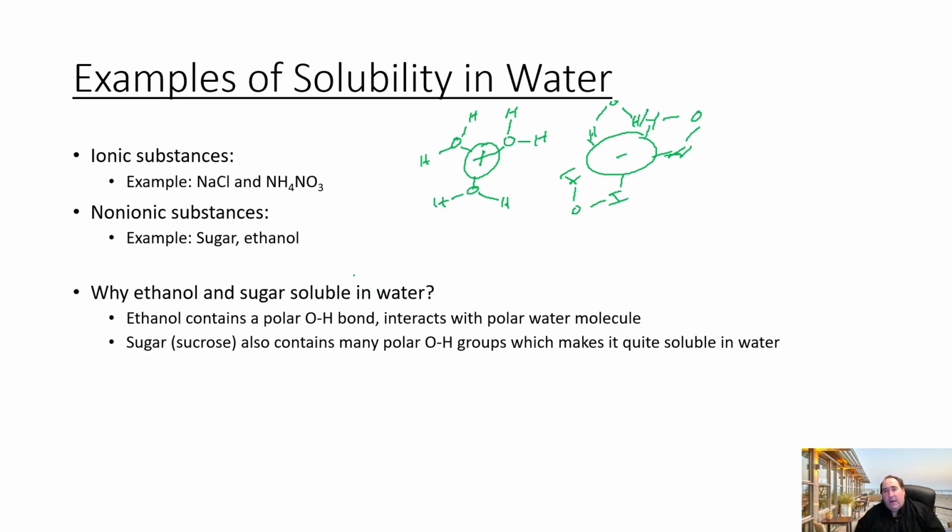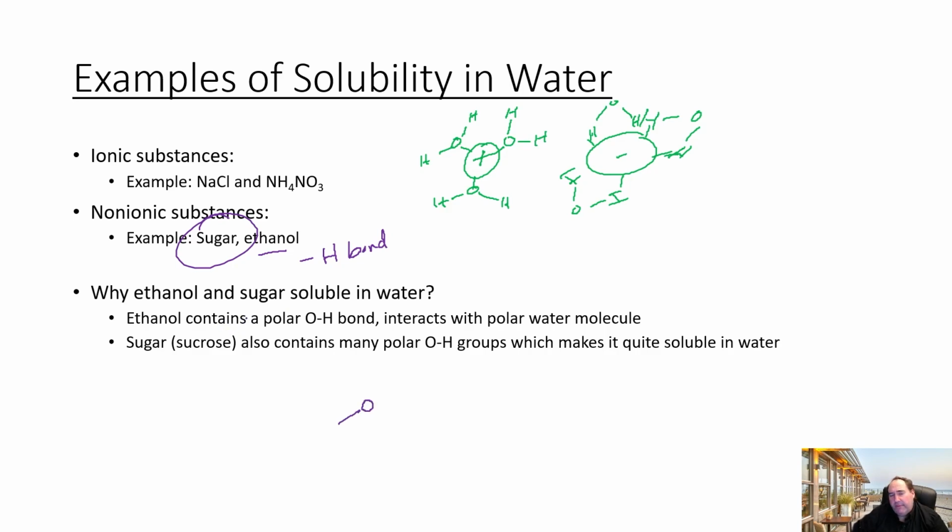Now, there are also non-ionic substances that are definitely very soluble in water, things like sugar and ethanol. As we just talked about a second ago, something like ethanol has the ability to hydrogen bond, so that is why it is very soluble in water. But what about sugar? Sugar is a little bit of a larger molecule, but we'll see a picture of it coming up.